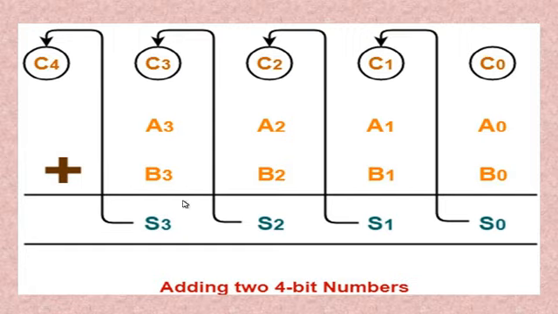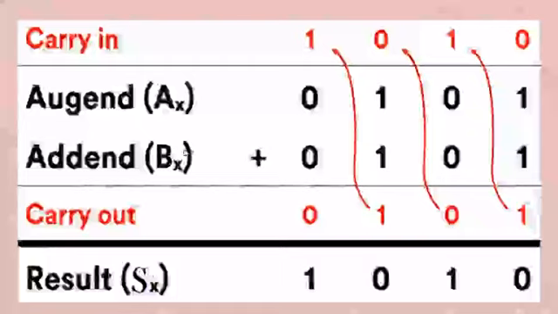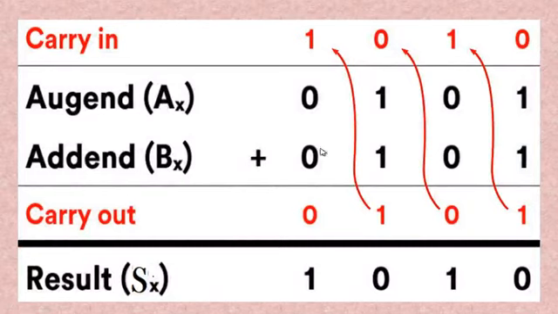Now let us see an example. Suppose we have to perform addition of this augend and addend, that is AX and BX. Let us consider an example of these two binary numbers. They are 4-bit, 0101 and addend is 0101.